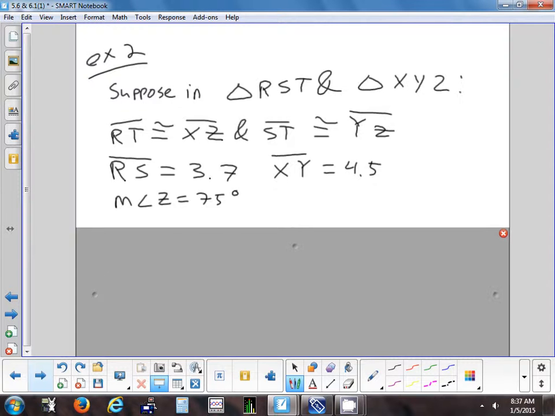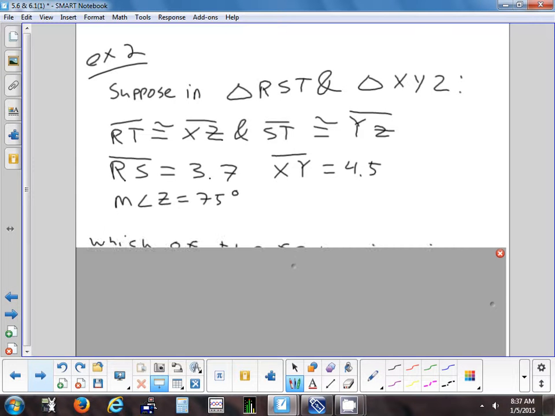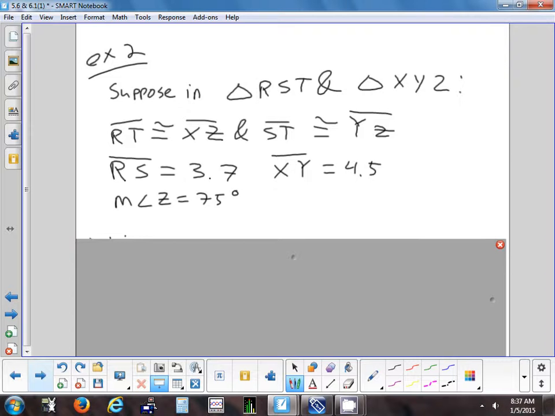Okay, this is the same thing, except this time I wrote it out in words and I didn't give you the diagram. What do you think is easier to visualize, the diagram or what I've written in words? Diagram. Yeah, the diagram. So what I would do right away is try to draw your triangle.